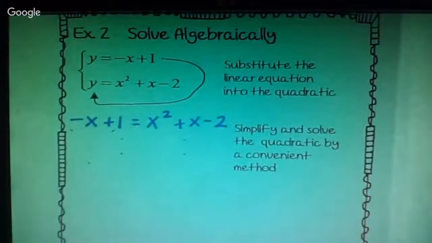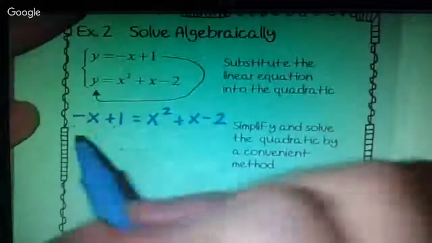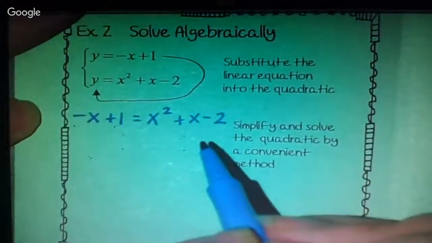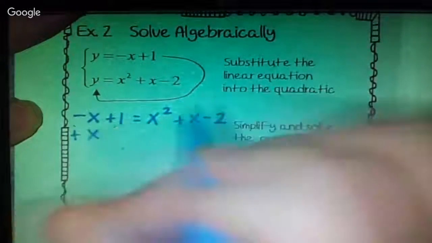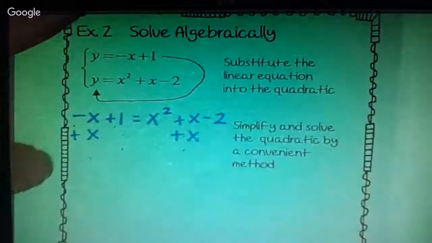All right. In order to solve this algebraically, we now need to move everything to one side. I would like to keep x squared positive. So I'm going to keep everything on the right-hand side. So I need to move this x over here by doing what? Adding.